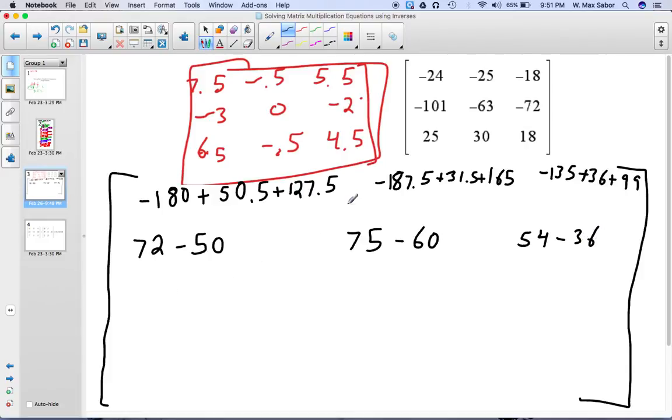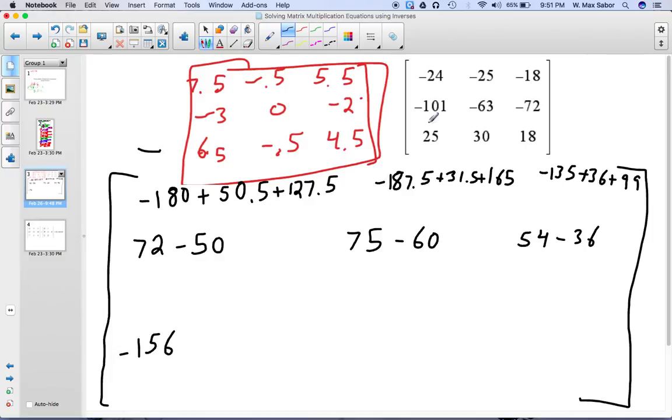Now we're doing 6.5. Now we're doing the last column. Sorry, the last row times each of the columns. So 6.5 times this is negative 12 times 13 is 156.